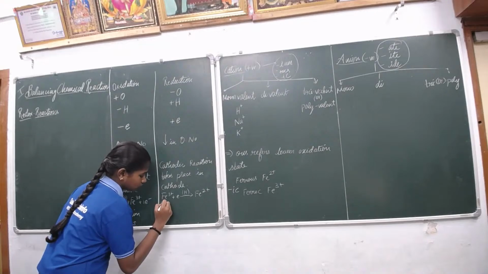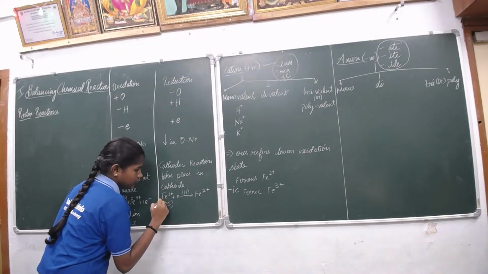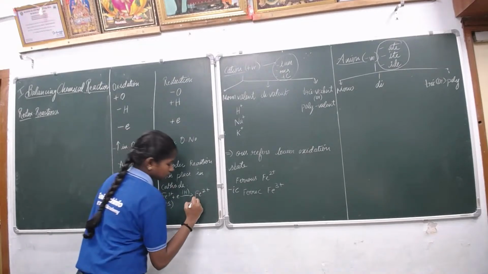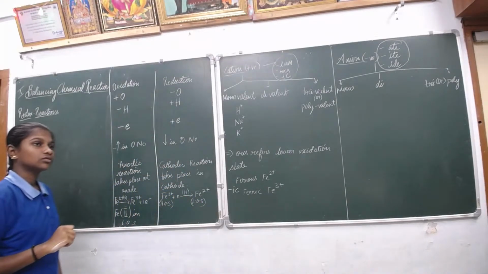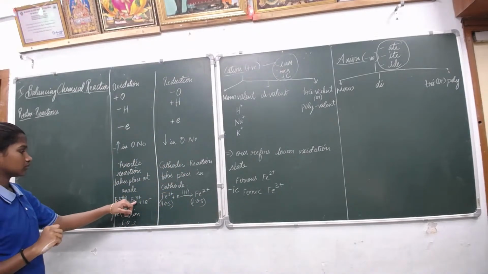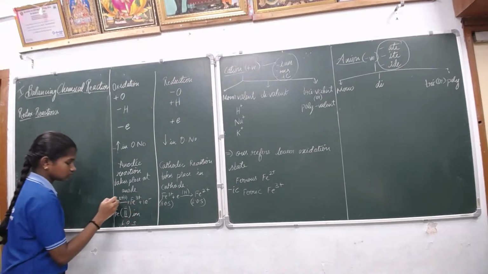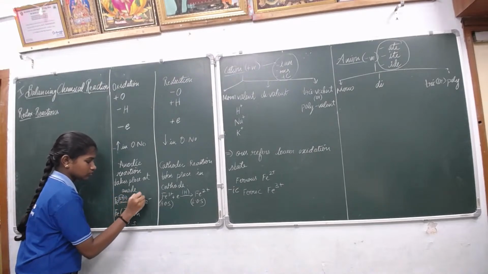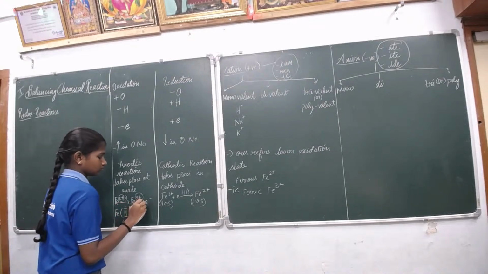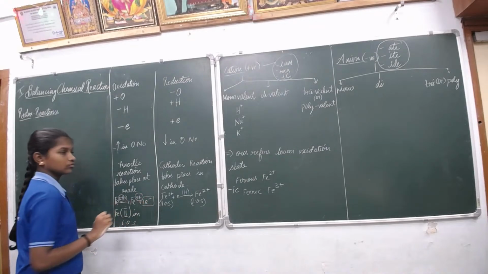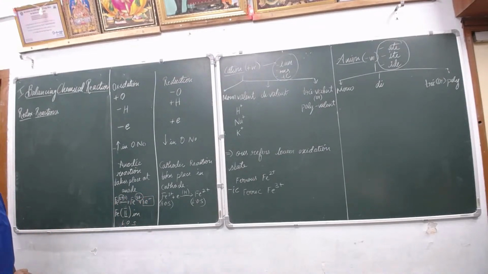And that is why the decrease in oxidation number is reduction. Do you understand? So this is reduction. The increase in the oxidation number, for example, +2 becoming +3, is oxidation. Not only that, loss of electron is oxidation. And that is why it's simply remembered as LEO GER.